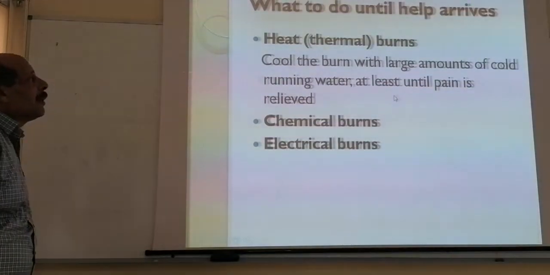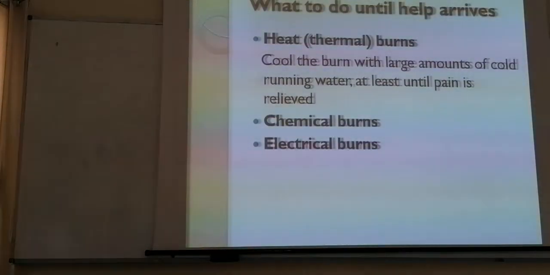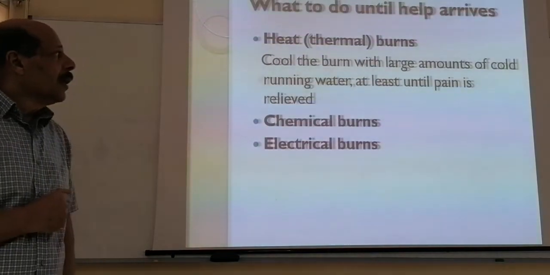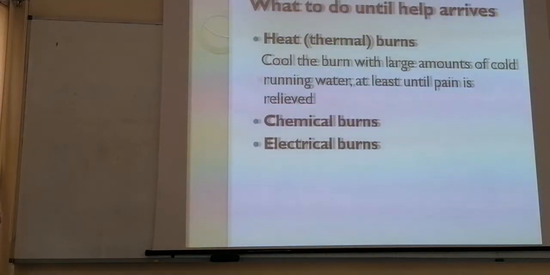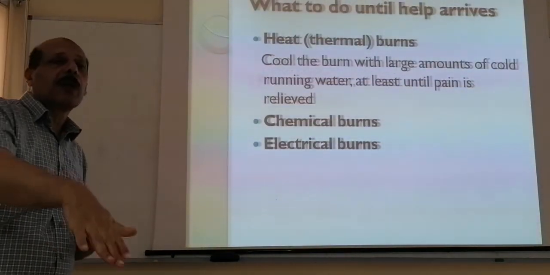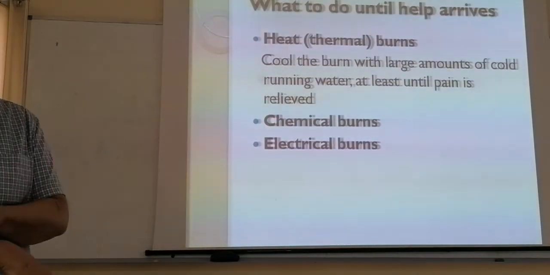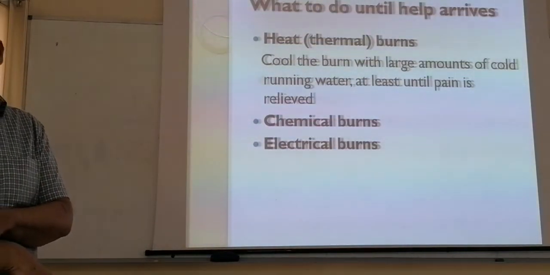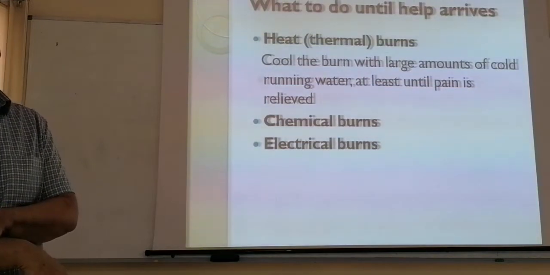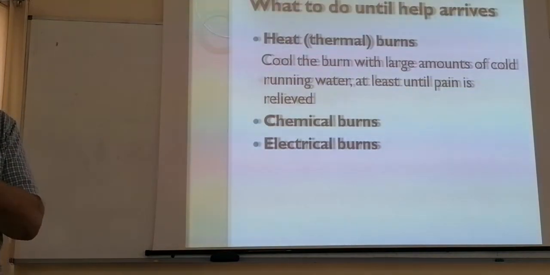What we can do until help arrives, in case of thermal burn, is cool the burn by putting that part under running water. But the running water should be at less than the normal body temperature.